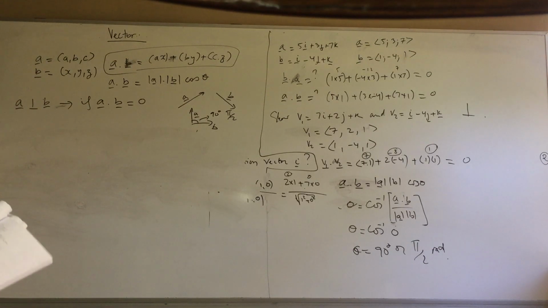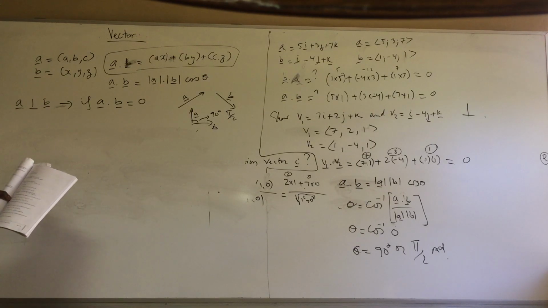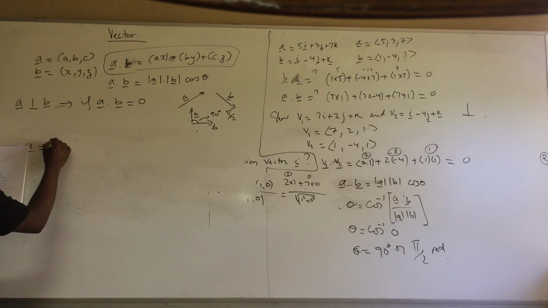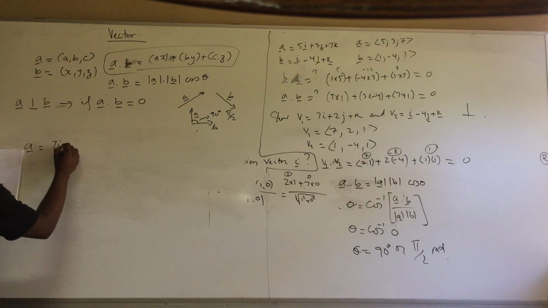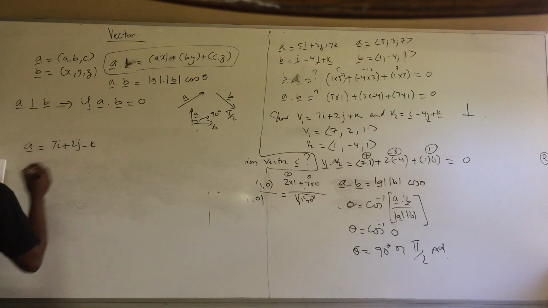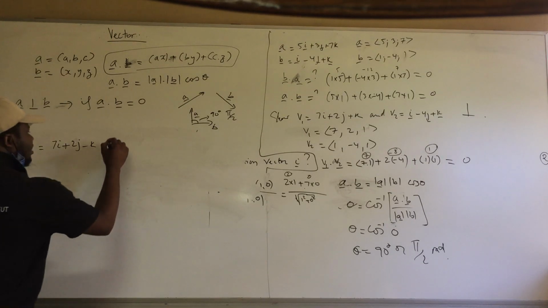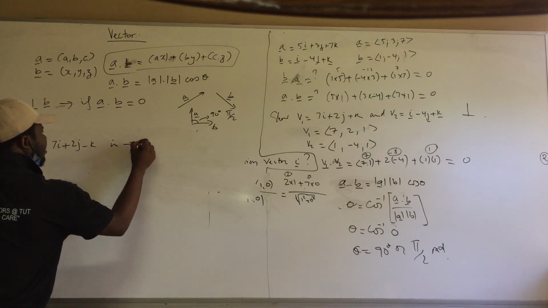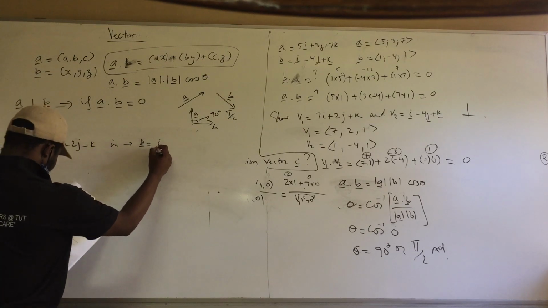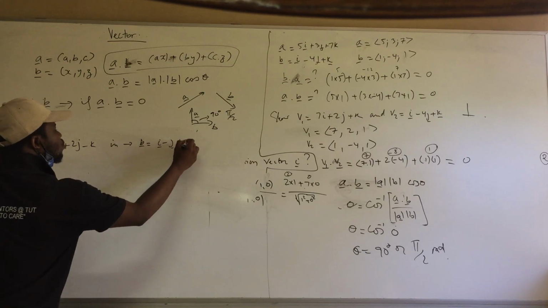Example 13 says, determine the component of vector A, which is 7i plus 2j minus k, in the direction of vector B, which is i minus j plus 2k.